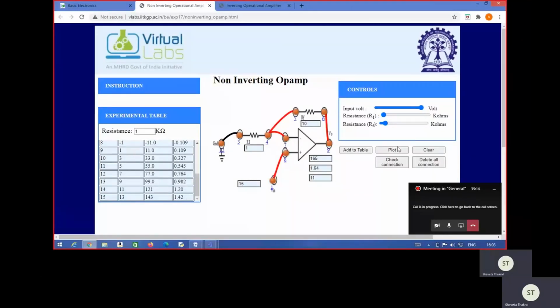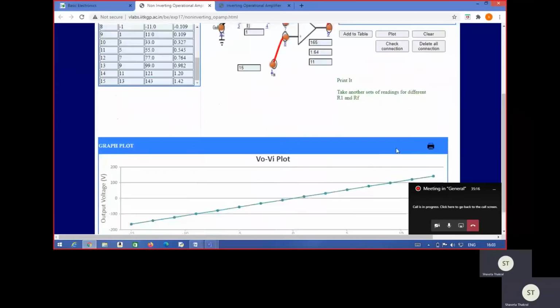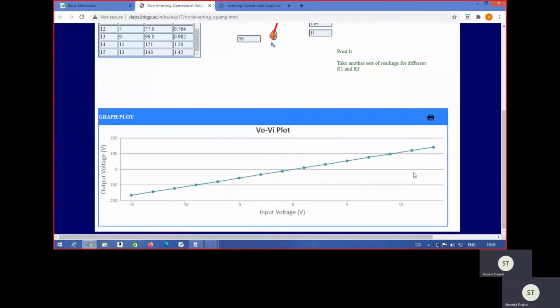And finally we go for the plot here, and we can see the plot is between the output voltage and the input voltage, and the transfer characteristic is coming out linear. That is the indication that if we increase the input voltage, the same incremental change is reflected in the output voltage with a gain of 11.